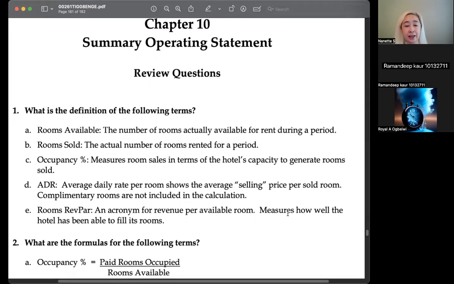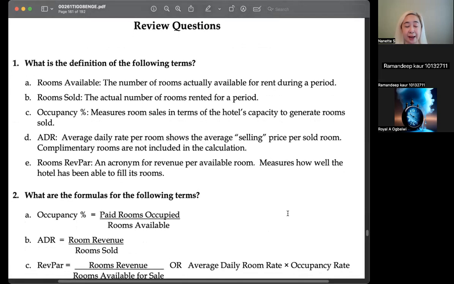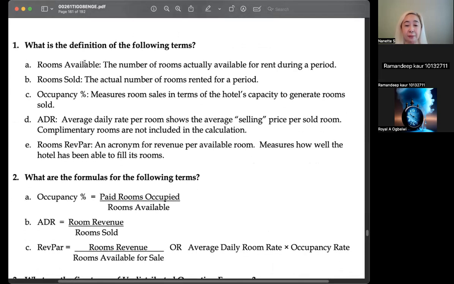Right, so I'll give you an example. So for rooms available, let's say you are running a 100 room hotel. So the rooms available for sale would be 100 rooms. Now, how many rooms can you sell in a day? So you can have a maximum of 100 rooms sold.